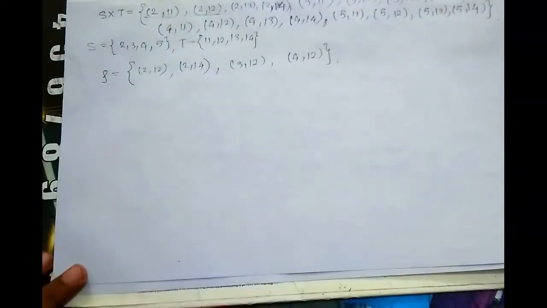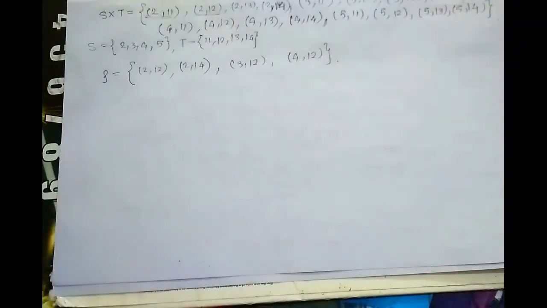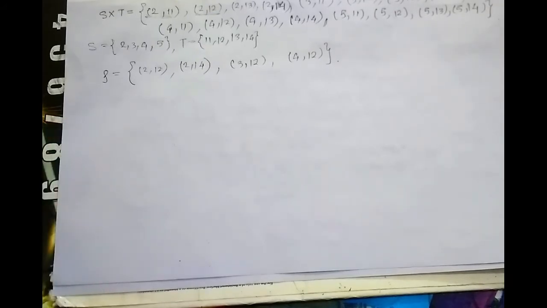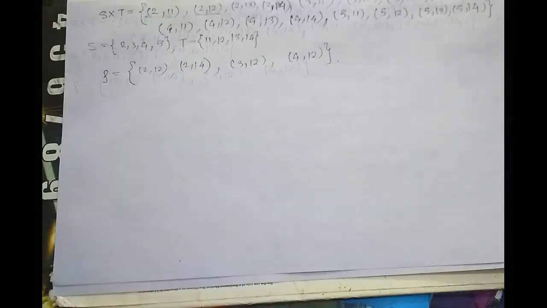So among all these elements we have only 4 ordered pairs in which the first component is related to the second component by our division relation. I hope you understood the concept of relation.